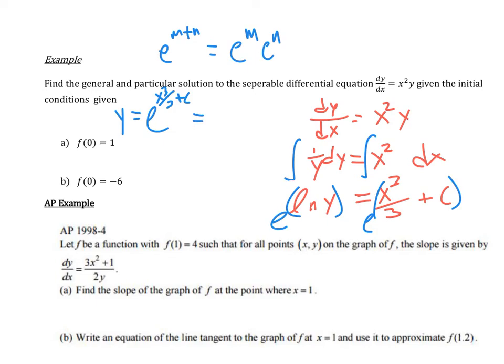This is just, I'm going to flip them around, e to some constant times e to the x cubed over 3. Well, e to the constant is just a constant. Not necessarily the same constant, okay, but it is a constant times e to the x cubed over 3. So either answer is acceptable there. You're going to see this a lot. It's a little simpler because you don't have that.